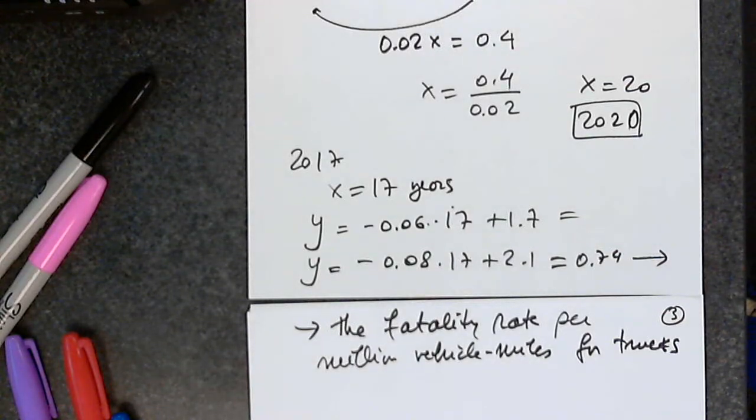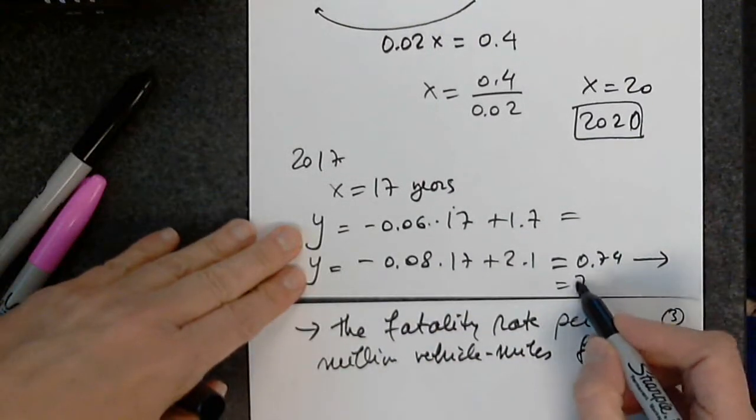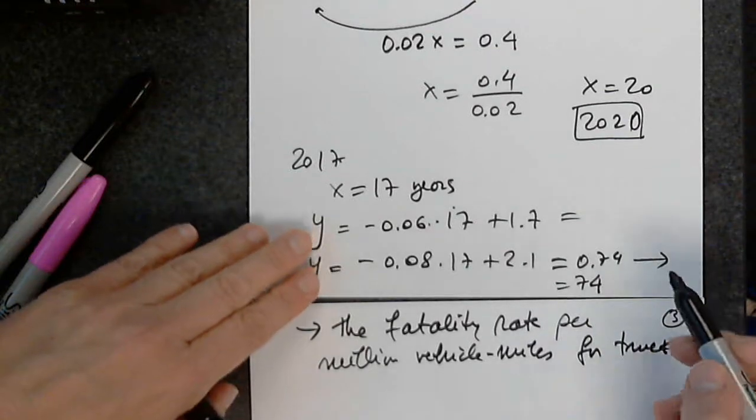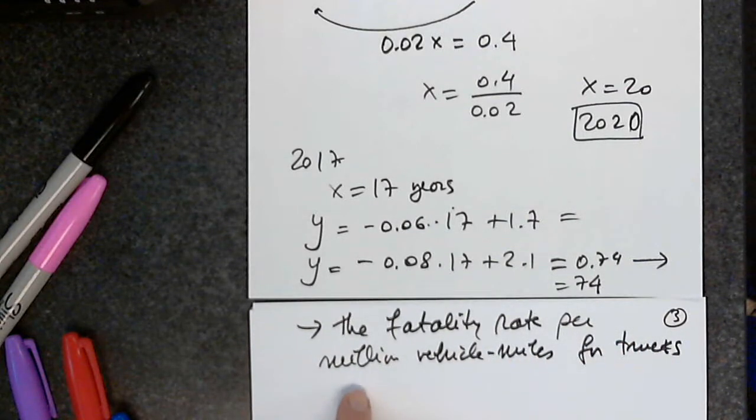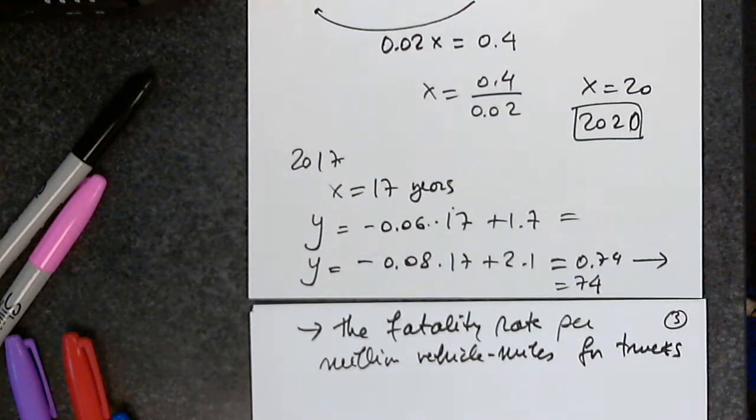So I'm reading again. It says the rate of fatalities per 100 million. So this is for 100 million, which means that will be 74. So 74 fatalities for a million vehicle miles covered by trucks.